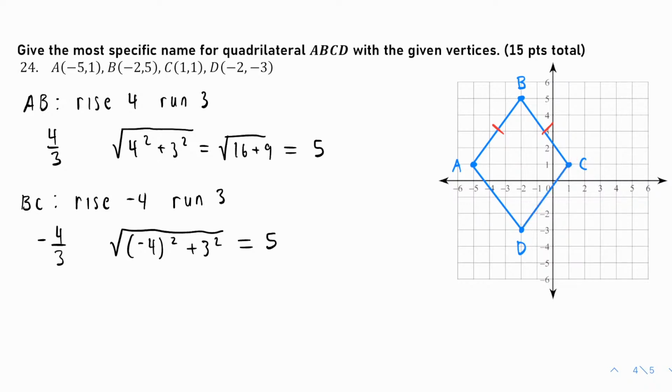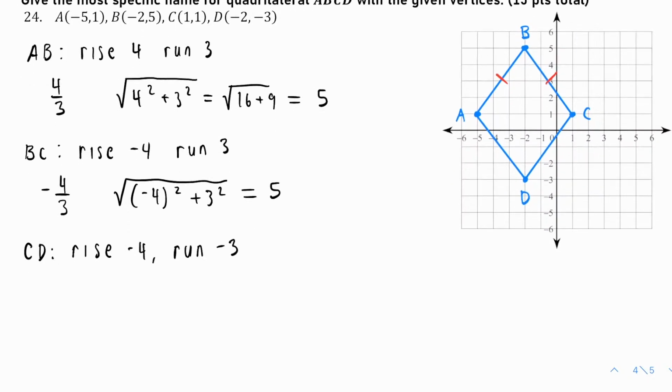Let's check CD. So from C to D, my rise is another negative 1, 2, 3, 4. And my run is a negative 1, 2, 3. So my slope is negative 4 over negative 3.